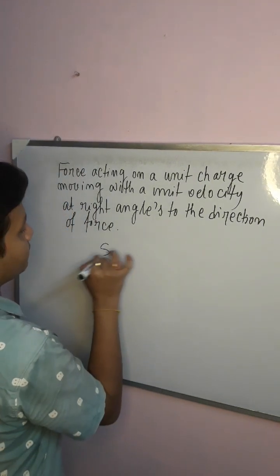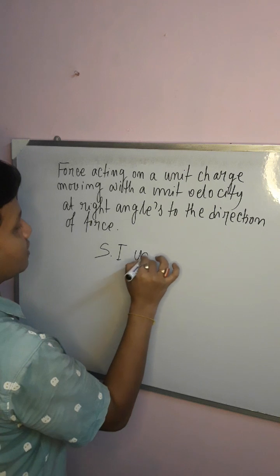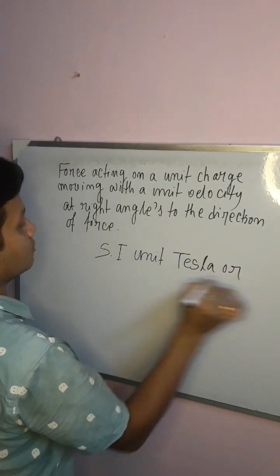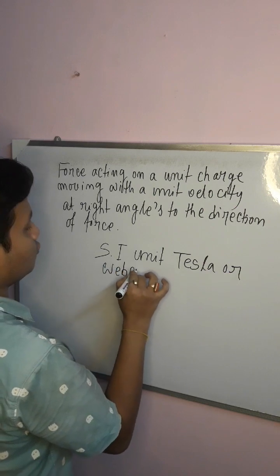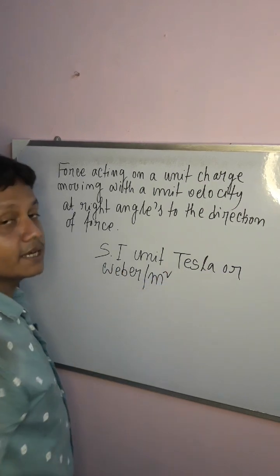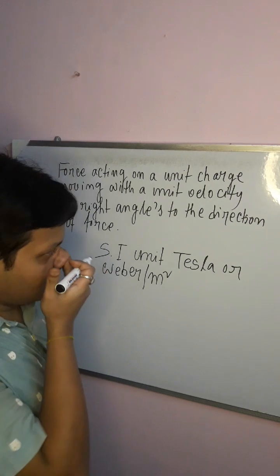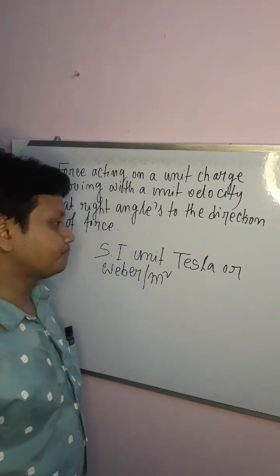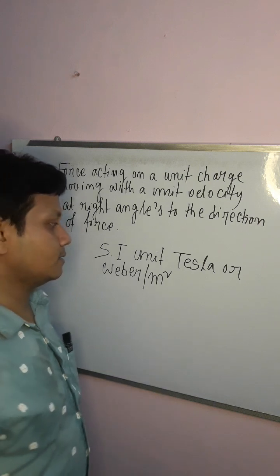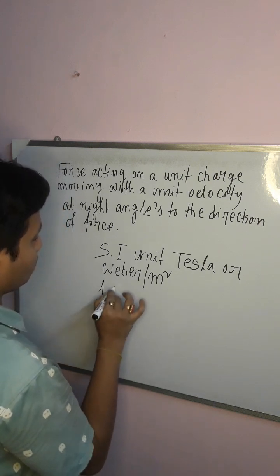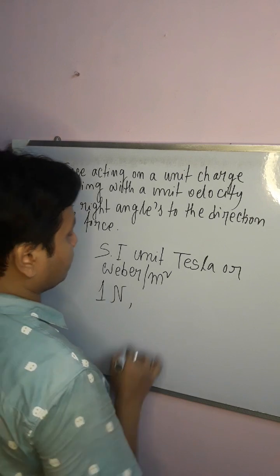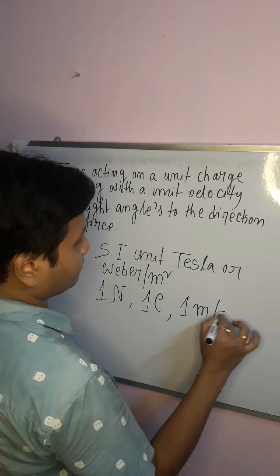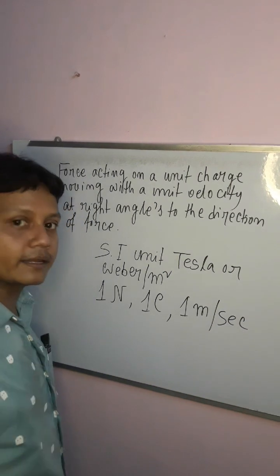If we take its unit, the SI unit of B is Tesla or Weber per meter square. Here the force is 1 Newton and the charge is 1 coulomb, which is moving with a velocity of 1 meter per second at right angles to the direction of the field.